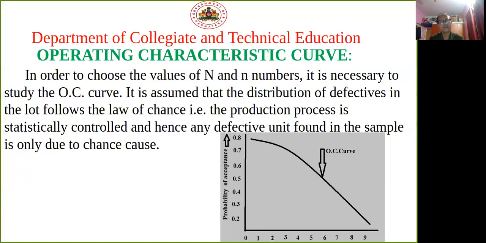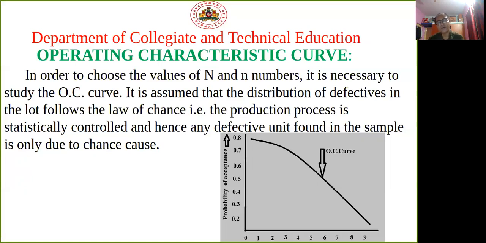So if you construct an OC curve, you can select the value of capital N, that is the size of the lot, and small n, that is the sample size. We can choose these values with the help of the operating characteristics curve.